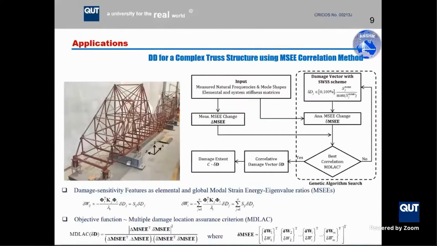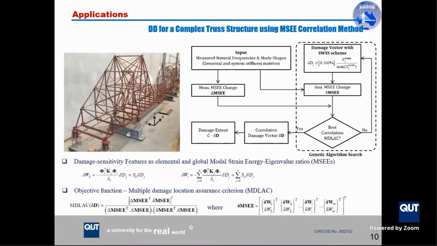The first damage identification method I would like to show you today is actually a study of my own in my PhD program. In this study, we developed a method that works for complex structures. You can see here we have a very complex truss bridge with a lot of members. We tried to develop a method that works with high uncertainties in the identification of structural parameters.